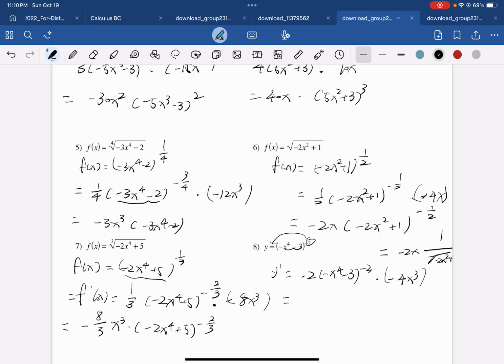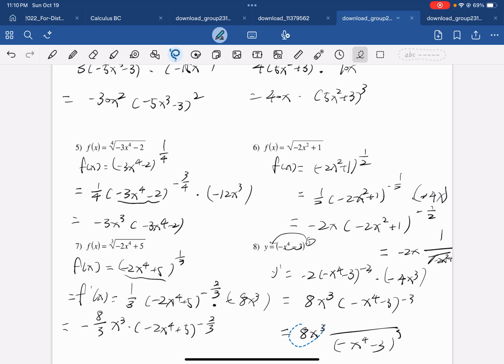So we multiply them together, which gives 8x cubed times (negative x to the 4th minus 3) raised to the power of negative 3, and we can also write it as 8x cubed over (negative x to the 4th minus 3) raised to the power of 3.